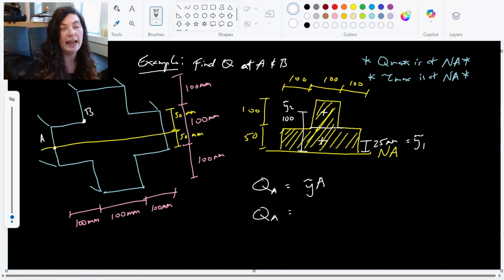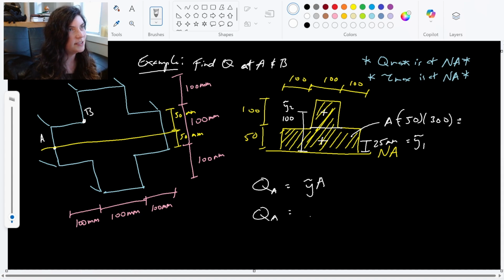And then I just need the areas for each of those. So my area for this first one would be 50 millimeters tall times 100 plus 100 plus 100, which is 300. I'm going to go ahead and put it in my equation down here.